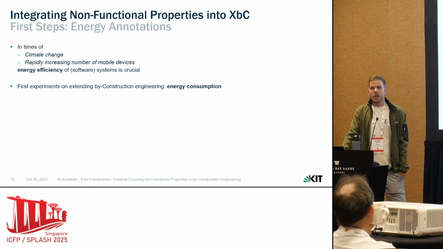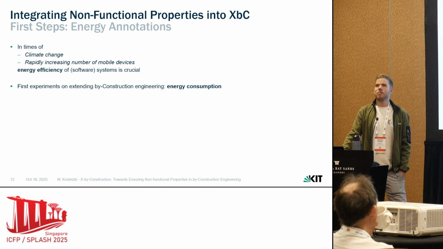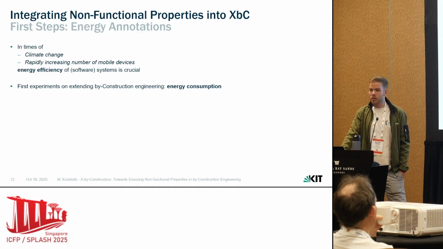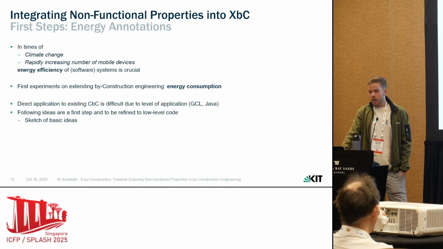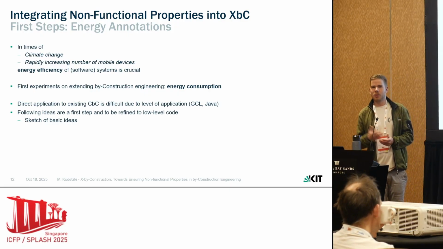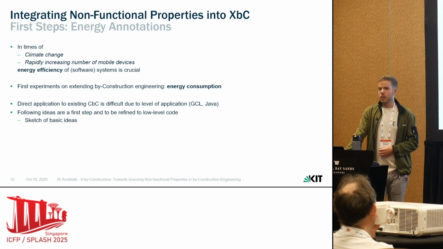And now you might think, okay, we are on a program level, and I just said we have dependencies, to both the remaining system and also the hardware we might run our system on in the end. That is why we said, okay, we have ideas, but this is not a final concept, just a starting step towards integrating energy efficiency into XPC.